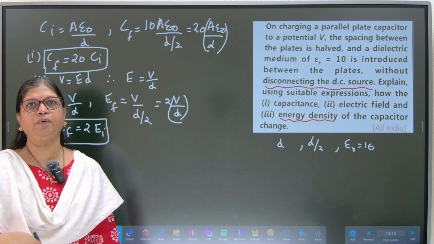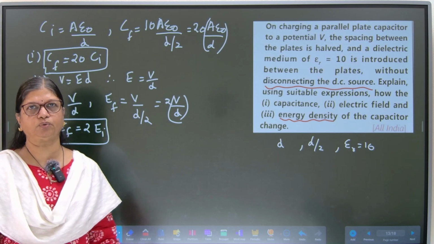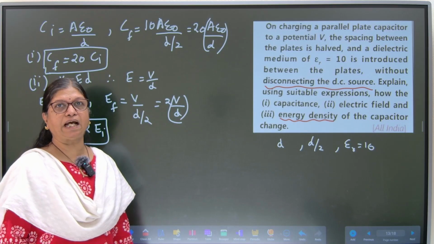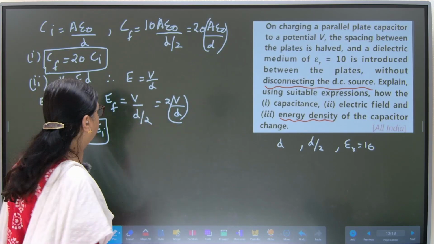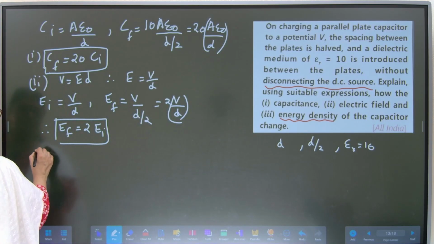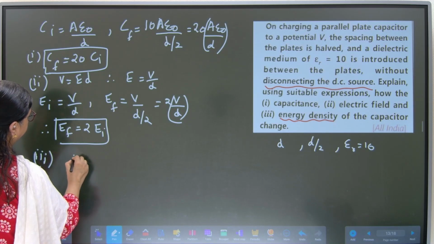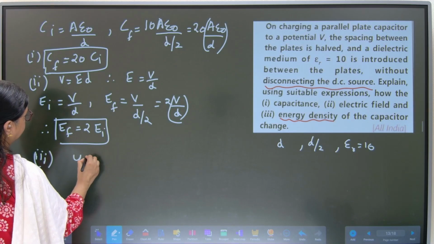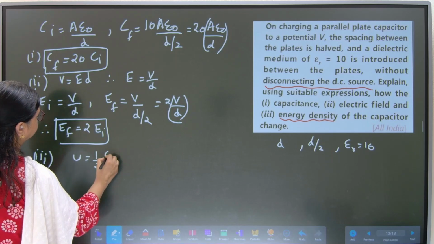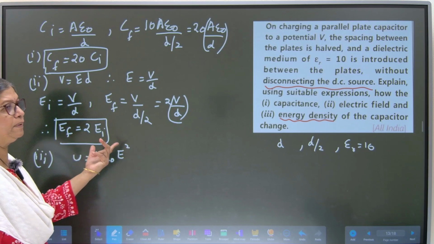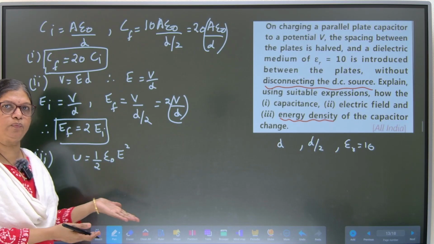It is only a game of remembering the formulas so that you can immediately go to the numerical. Now the third part is asked about energy density. What is the formula for energy density? Small u is equal to half epsilon naught E square. E is available with us, Ei and Ef, so we just substitute.